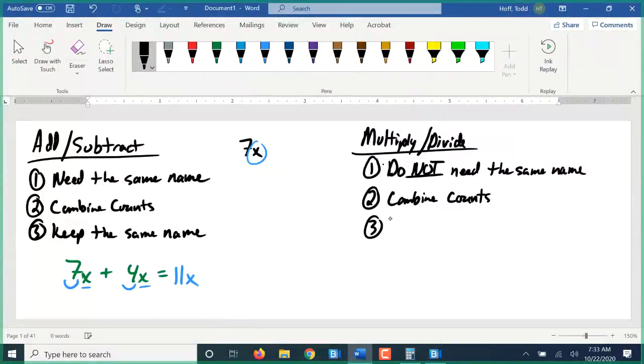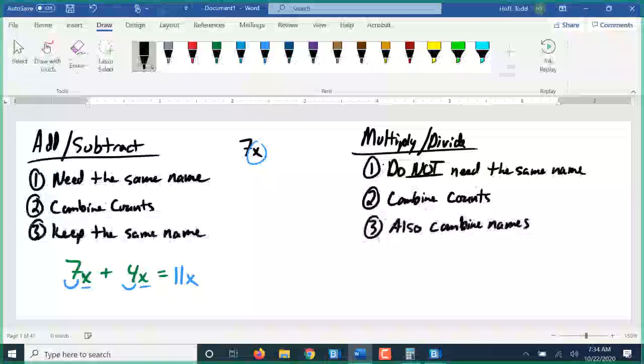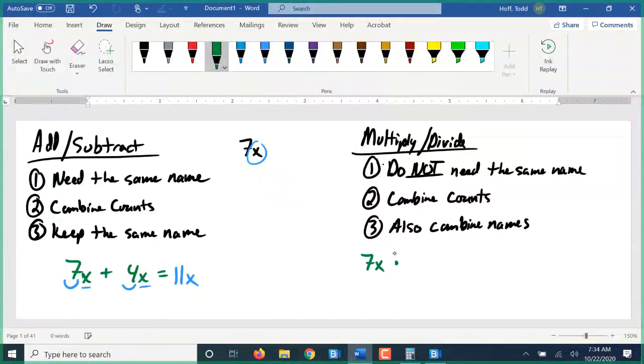And then we also combine the names. So for multiplication, if it were 7x times 4x, now these happen to have the same name, but we don't have to. We're going to combine the counts. 7 times 4 is 28, but we also combine the names. X times x is x squared.